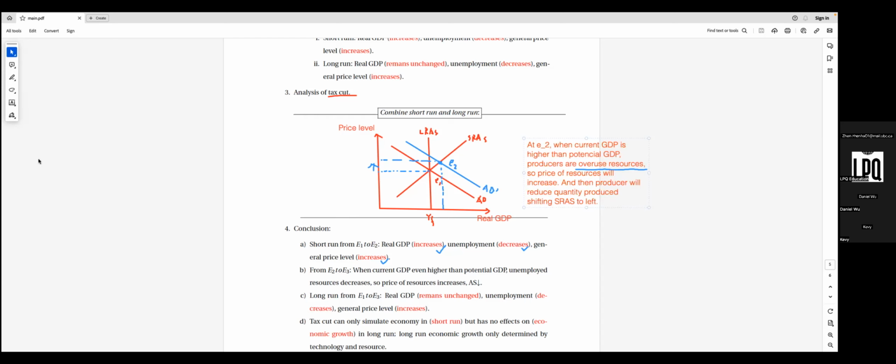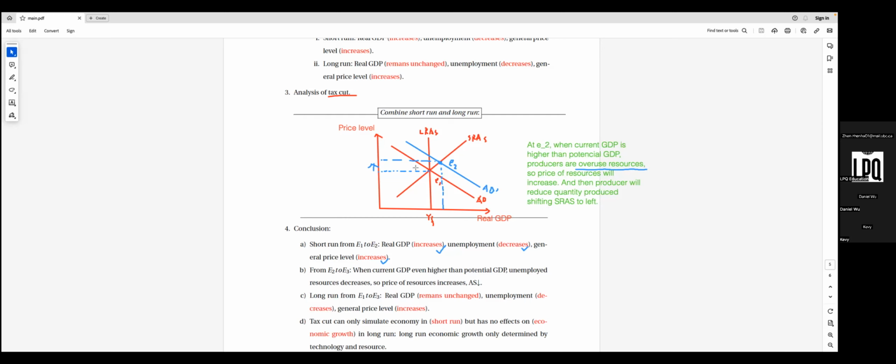But after the resource price has reached a very high level, what will happen next? If the price of resources has reached a very high level, all the producers will reduce the quantity supplied, because we are no longer able to pay such a very high wage and salary to our employees.